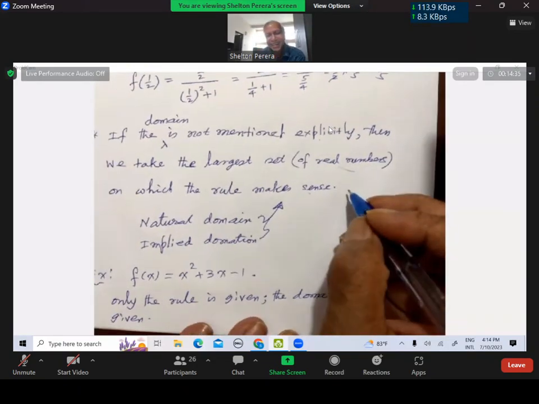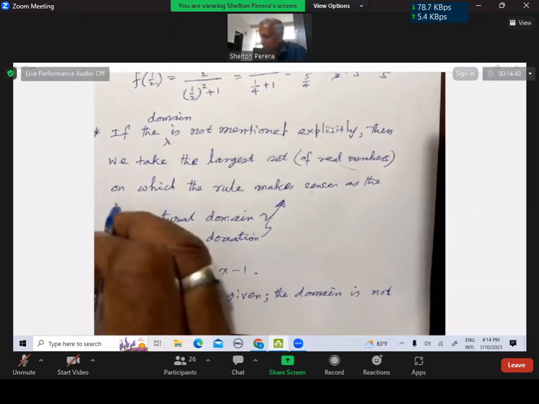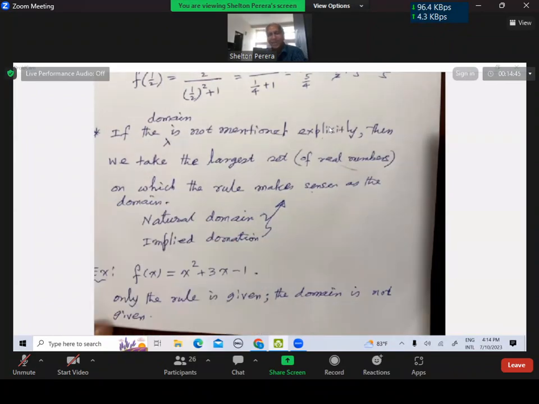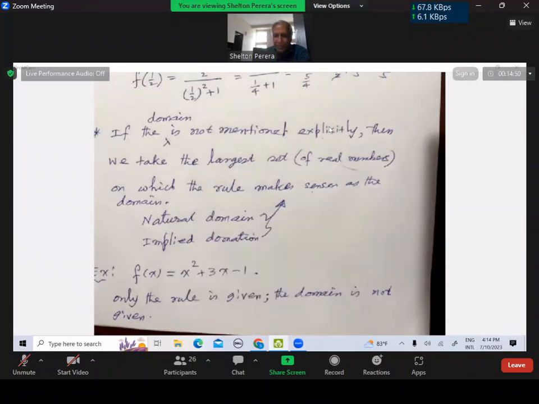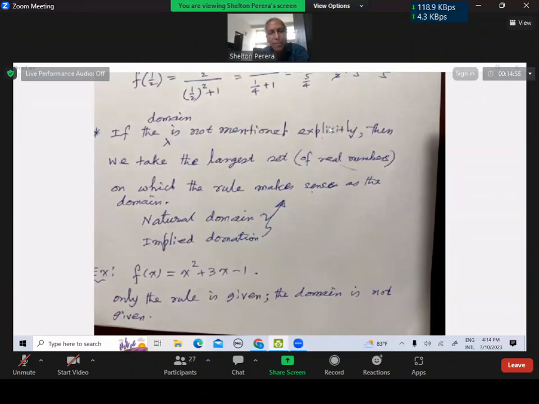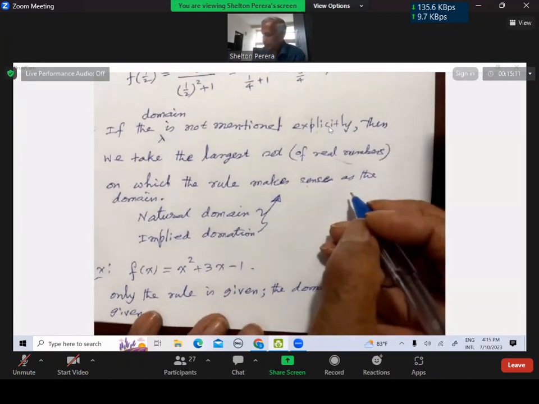Good thing I read it again. The formula makes sense as the domain. Largest set on which the formula makes sense. Makes sense as the domain.